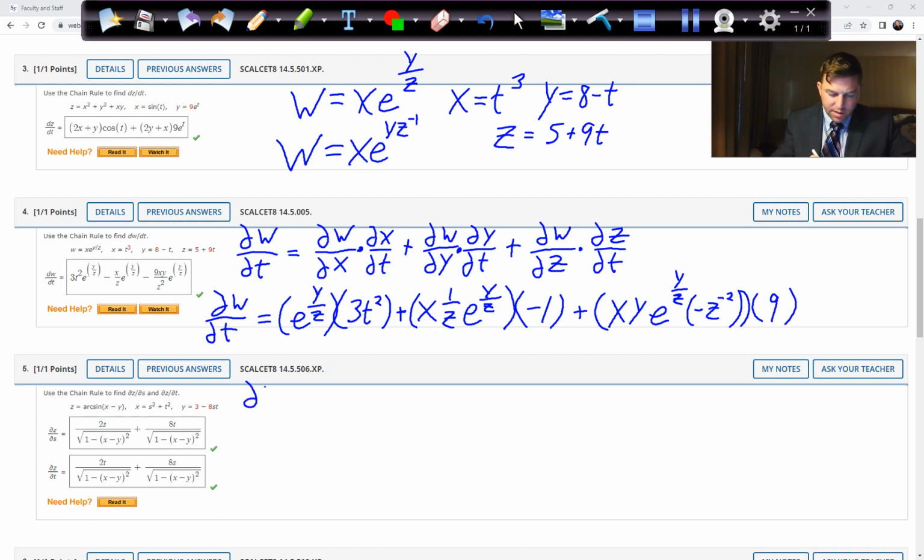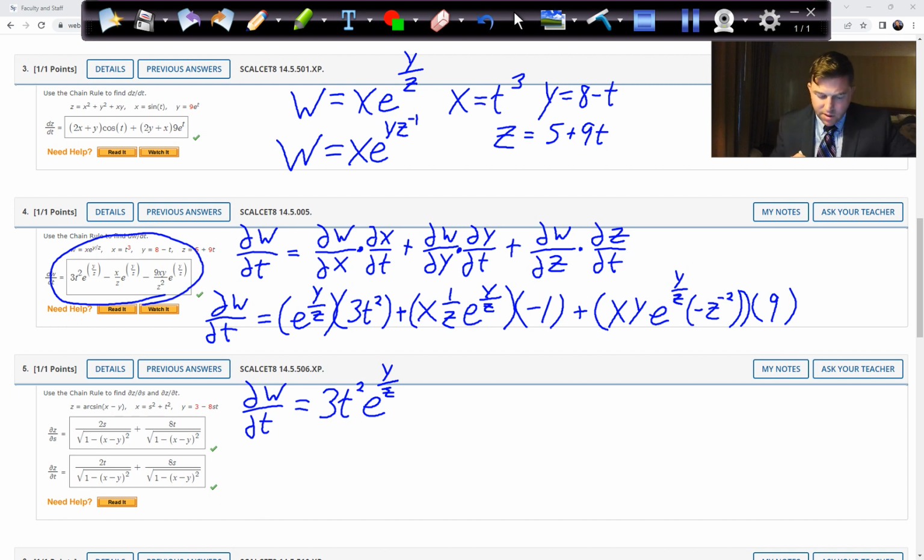Okay, so let's see what we can simplify. This would be 3t squared e to the y over z. It's not very easy to type this answer in either. Then we have minus x times 1 over z, which is x over z times e to the y over z.